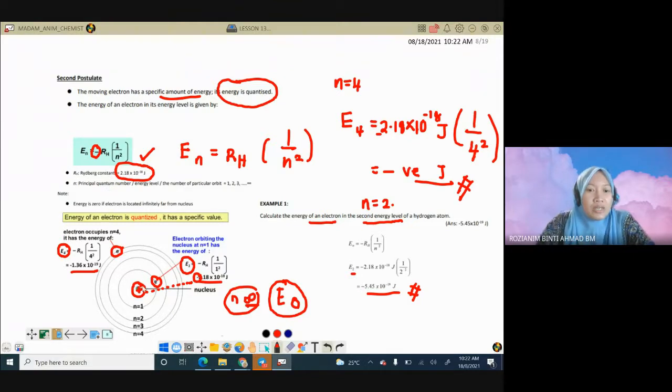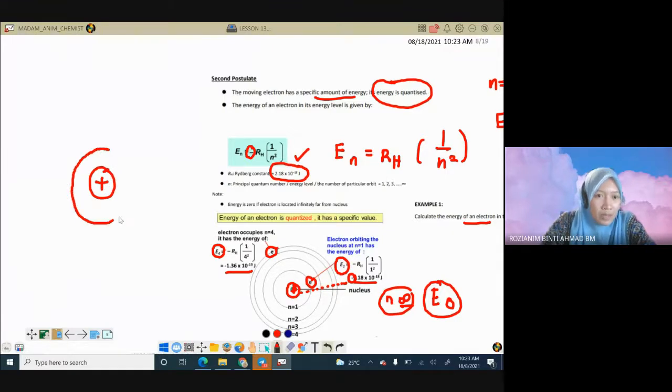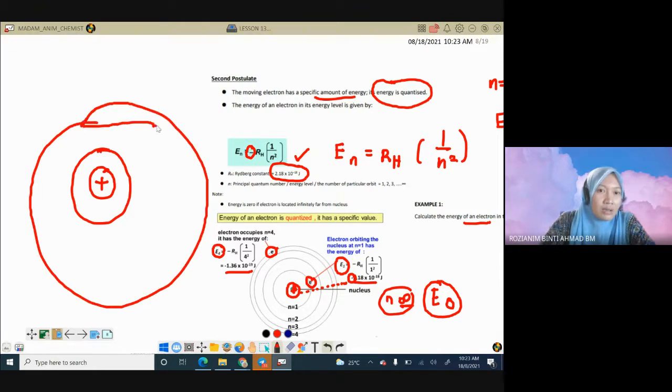So dalam nukleus ada positive sign. Sekejap saya lukis sebelah. Okay, so inside the atom, kita ada proton. Proton bercharge positif. Elektron sentiasa bergerak atas shell. Elektron tu bercharge negatif, right?